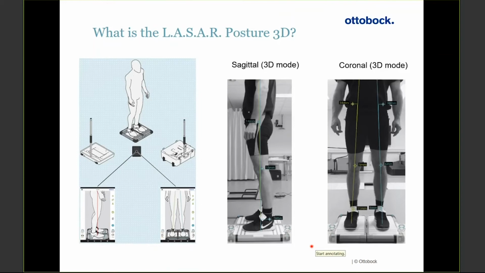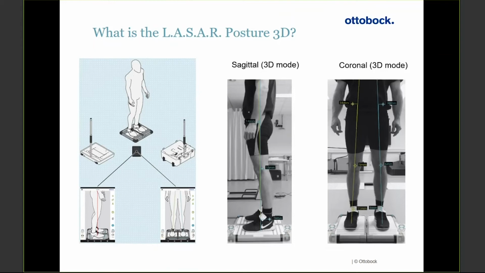So with the patient standing there on that force measurement plate, the vertical and horizontal ground reaction forces, as well as the torsion moments, are actually being measured. That information is getting sent to the little mini computer via Wi-Fi.